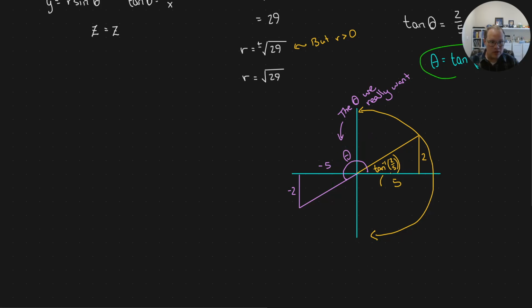Okay, so this isn't really what I want. What's really going to happen here is theta is going to be the arctangent of 2 over 5 plus pi, plus another half circle around.